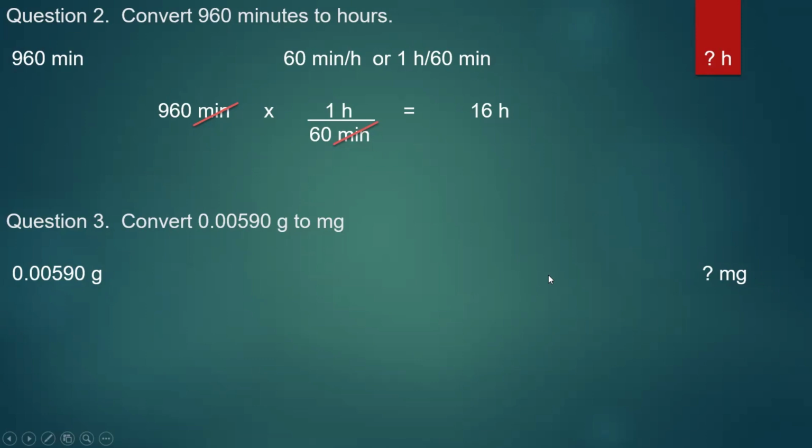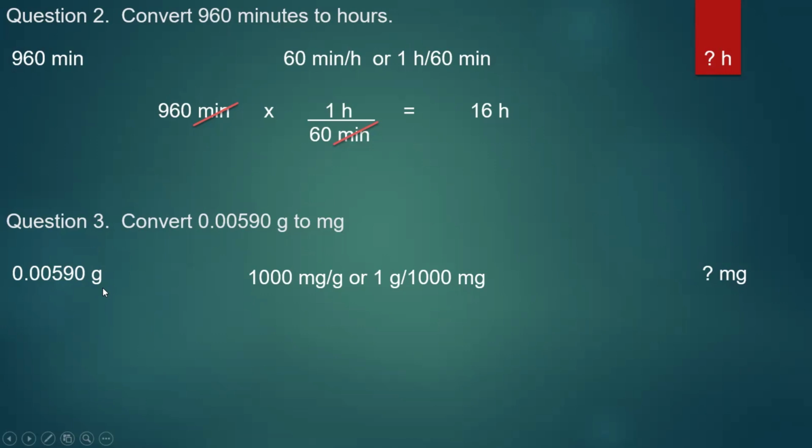So do we know how many milligrams are in a gram? So it's similar to millimeters in a meter. You know, there's 1,000 milligrams in a gram. So 1,000 milligrams per gram, or 1 gram times 1,000 milligrams.